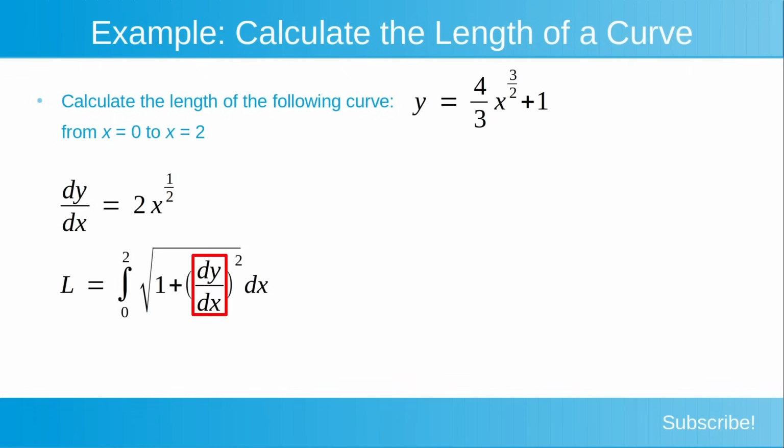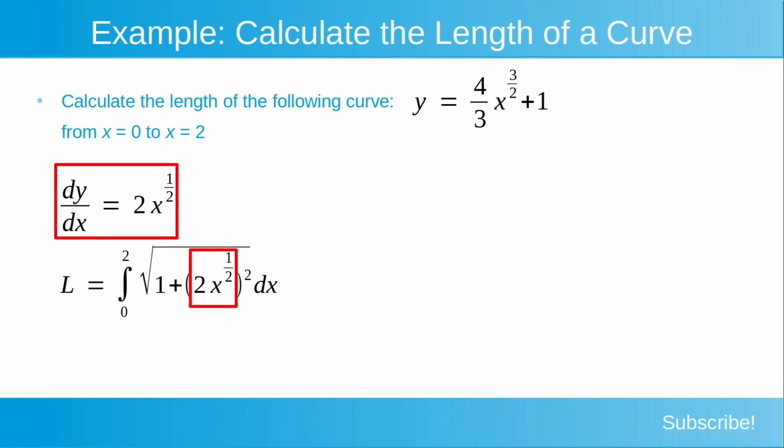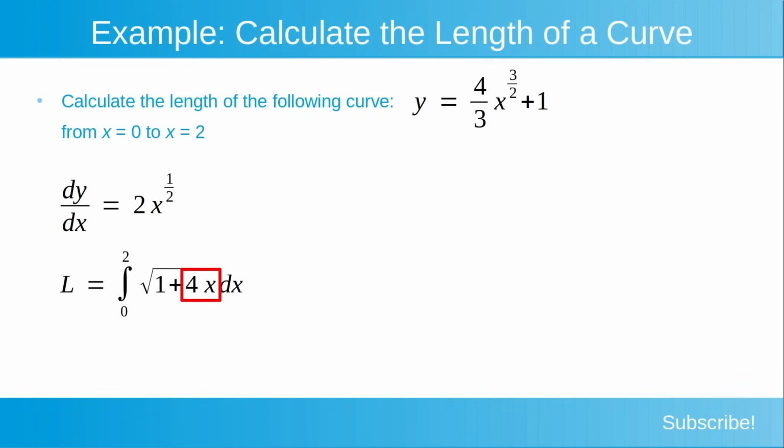For our dy/dx term, we substitute 2 times x to the power of 1/2. Two times x to the power of 1/2 all squared works out to be 4x. And we develop this calculation further now.